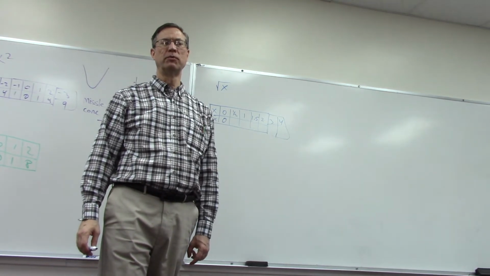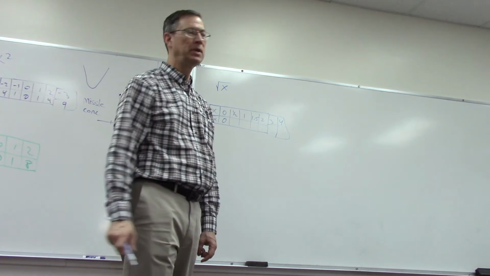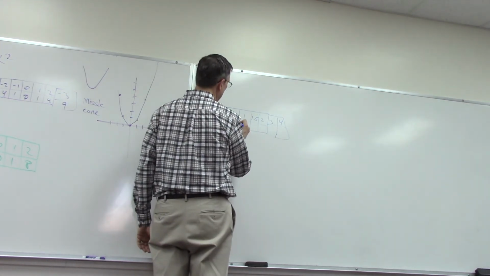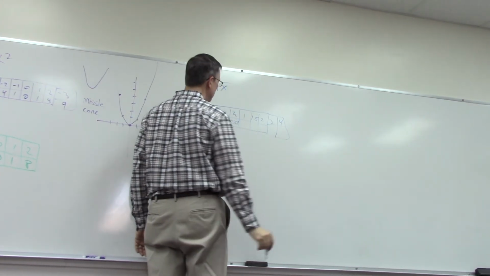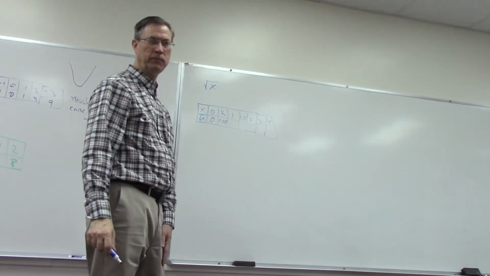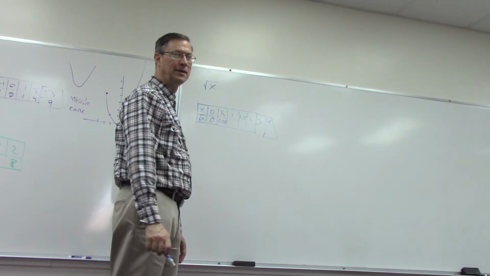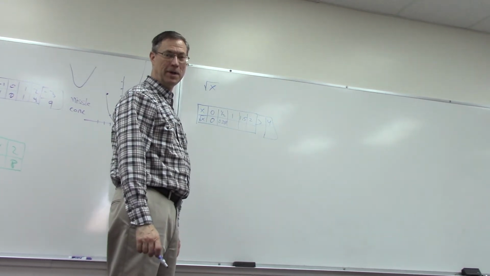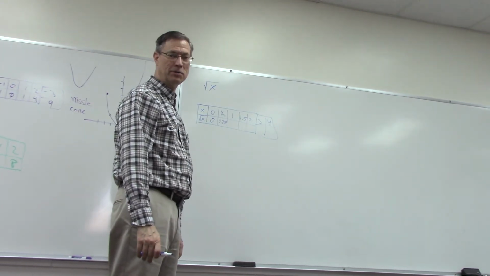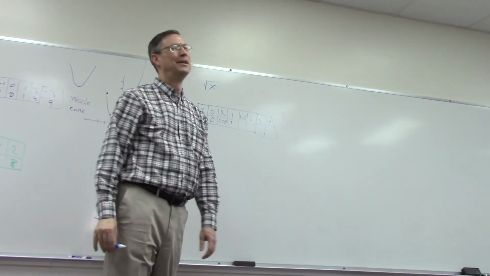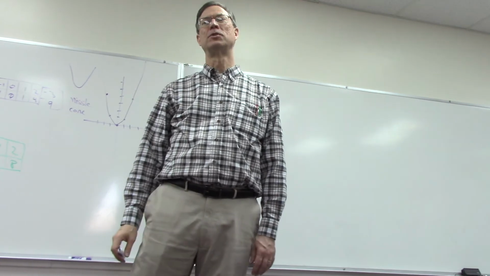Abby, read me what you have, just 3 decimal places. 0.707. That's the square root of 1/2. Okay, square root of 1. 1, thank you. Okay, 1.5 square root.